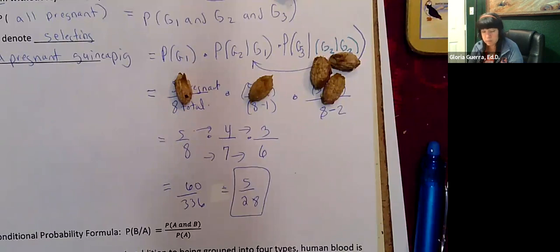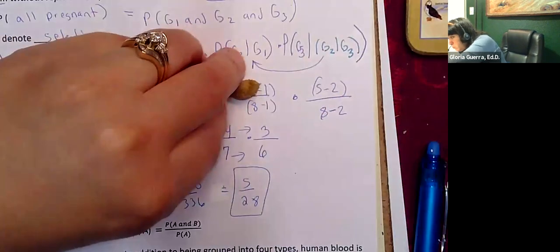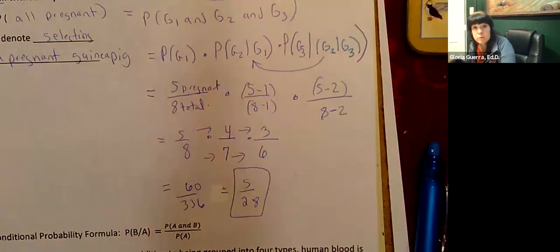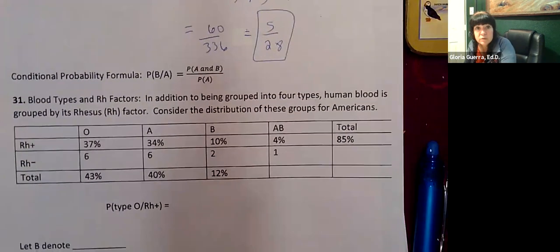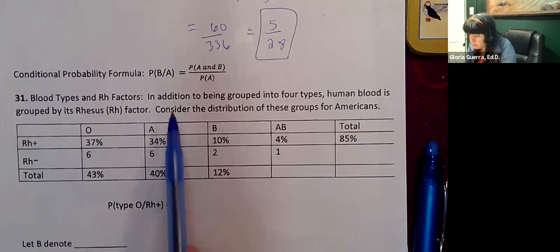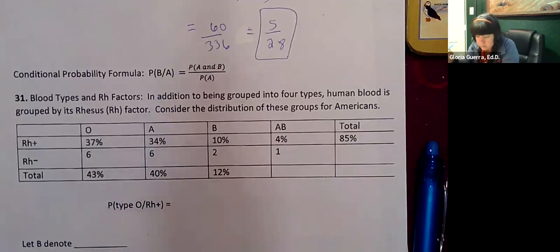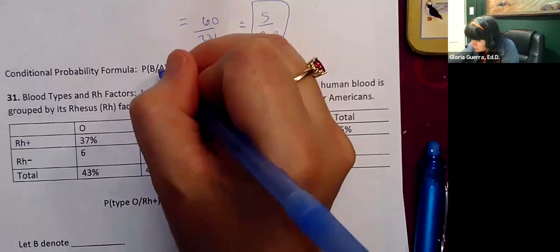All right. One more. Okay, so this is a conditional probability, and this should have been more of a straight line. So this should have been more like this.